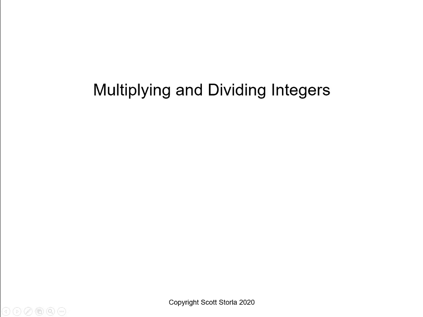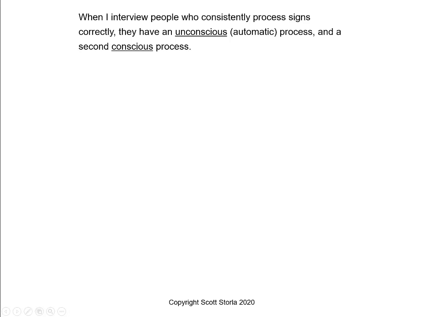In this video, I'm going to be talking about multiplying and dividing integers. When I interview students who can consistently process signs correctly when they're multiplying and dividing, they often have a process that they just can do without thinking about it. For instance, if you ask them, how much is negative 2 times negative 3, they'll just say 6.